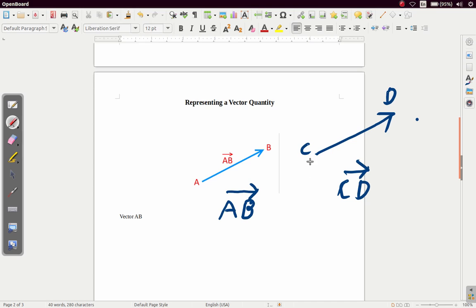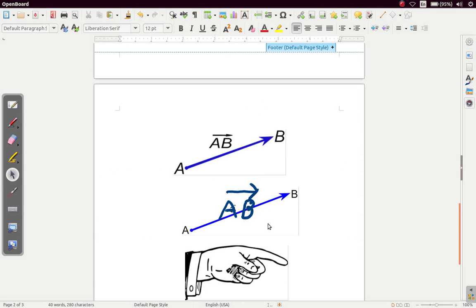So anytime you write this with the arrow, you know that this is the vector you're talking about. So you give that vector that name. Now the thing is, you have another way of writing the vector.